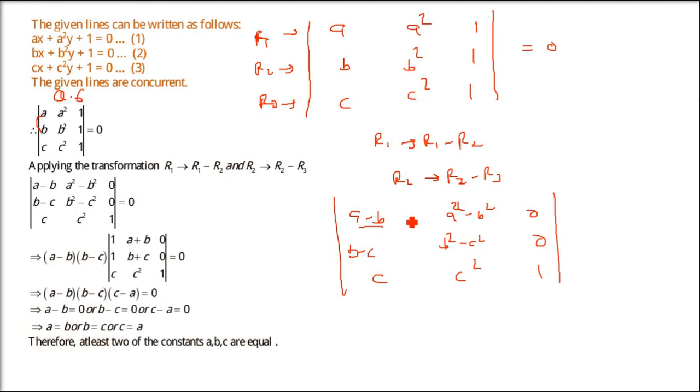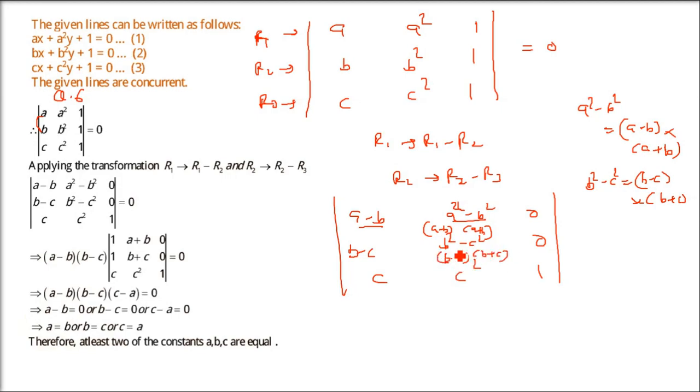So what do you get here? Now this is a minus b, a square minus b square. A square minus b square can be written as a minus b, a plus b, right? x square minus y square is x minus y, x plus y. Similarly b square minus c square is b minus c into b plus c. Now from the first row a minus b you can take common: 1, a plus b and 0.